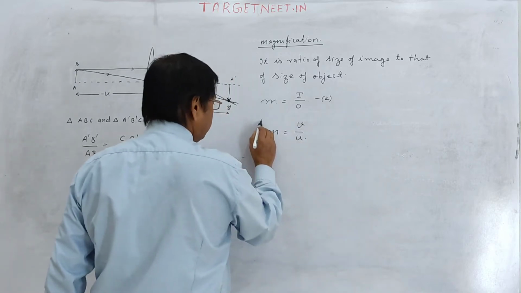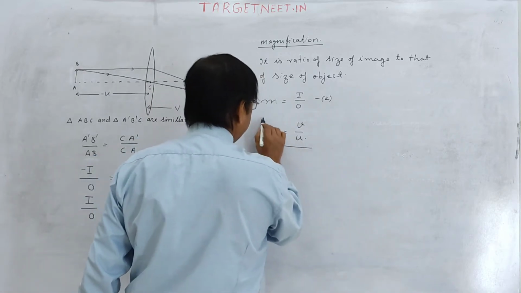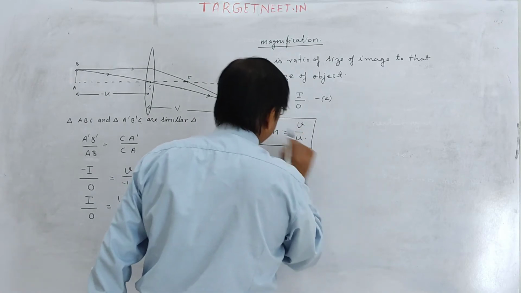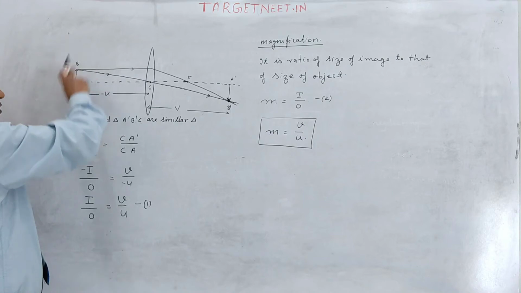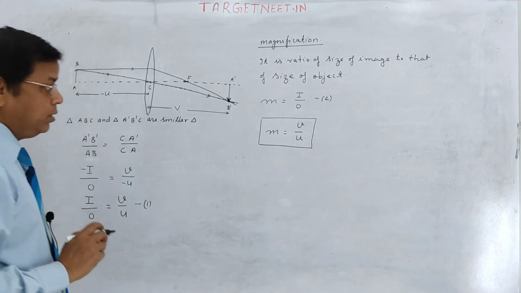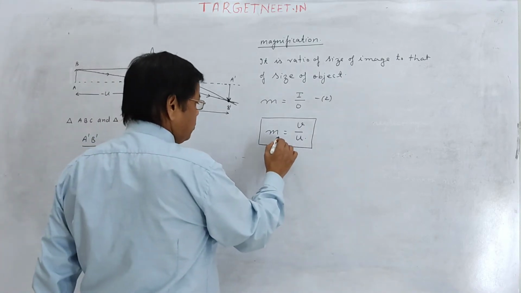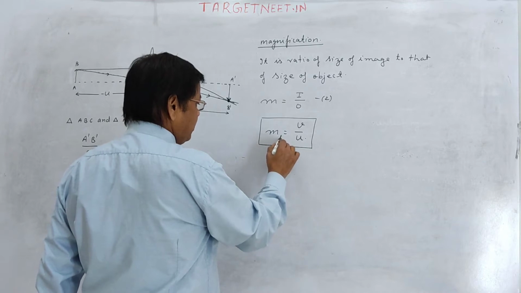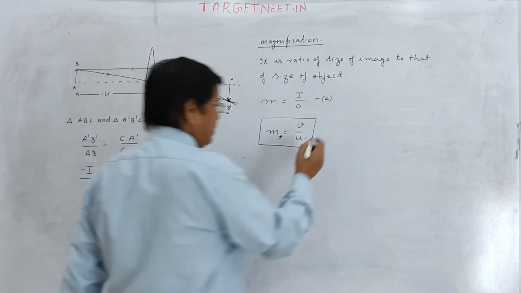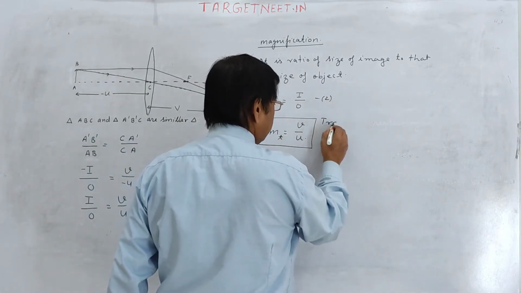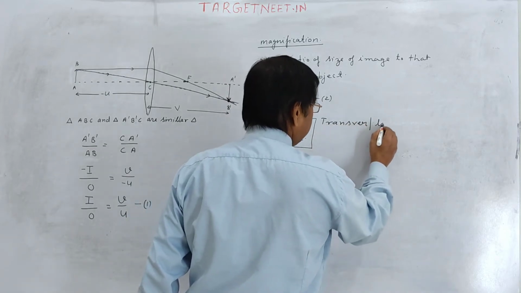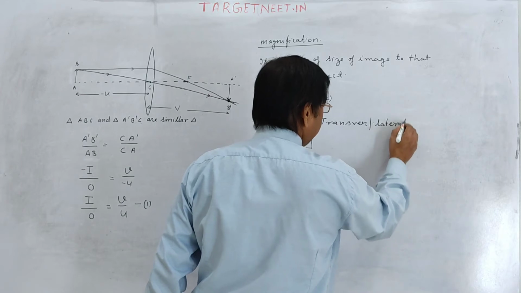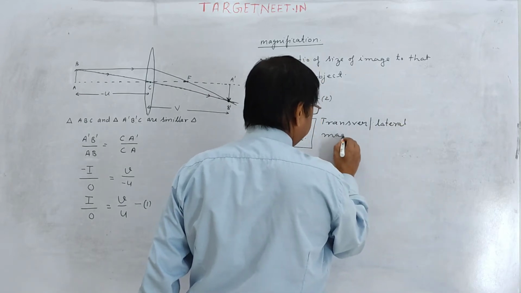So this is magnification, and this is called transverse magnification or lateral magnification. I am writing it MT, transverse magnification.